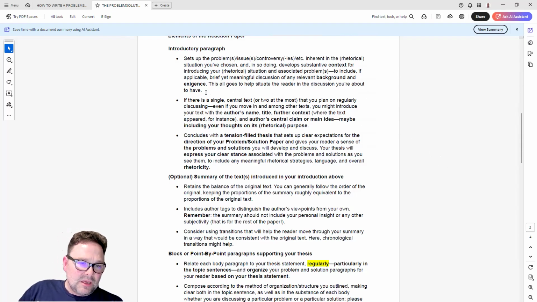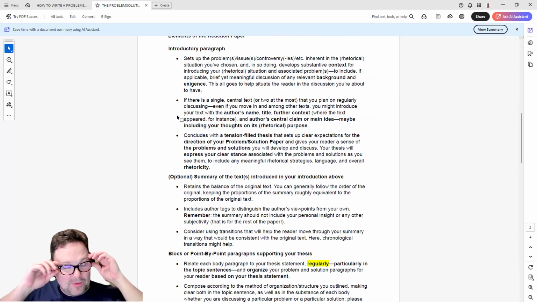But here in the middle, if you happen to have a text, maybe two at the most, that you plan on returning to regularly throughout your paper for comparison or because it's such a paragon of useful information for you as you dig into your problem and propose solutions, you can introduce that here.